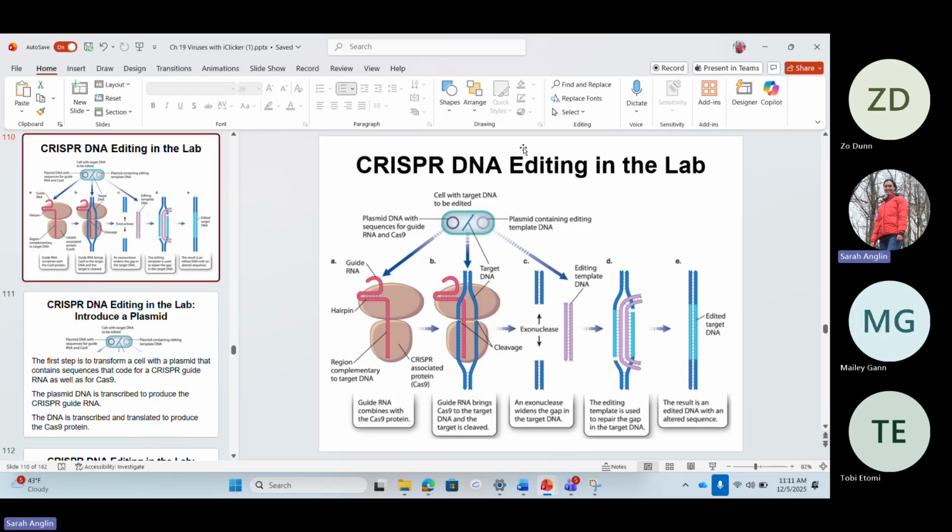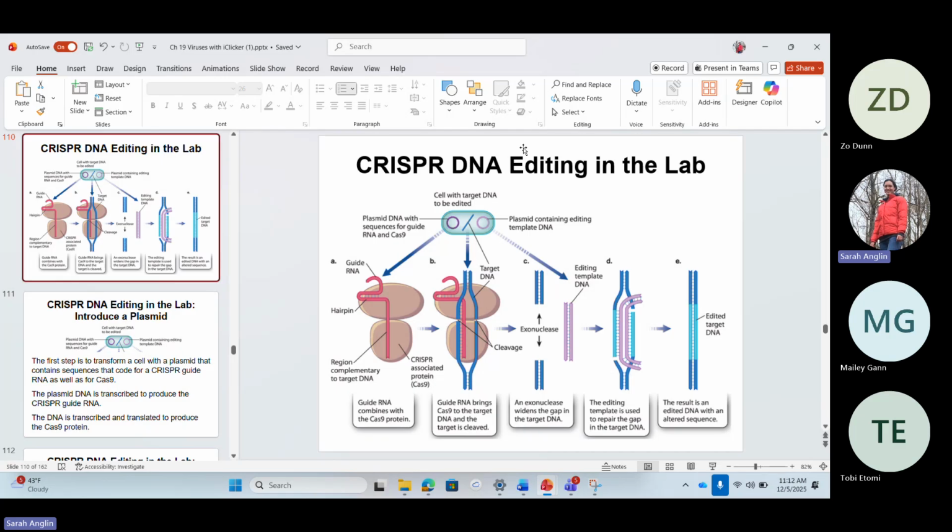Because then every time that cell goes through division, it would copy that viral DNA. So that's not what happens. With the CRISPR Cas9 system, just a tiny short section of that viral genome is integrated into the genome of that bacterial cell. And by doing so, it has the ability to recognize the invader genome again in the future.